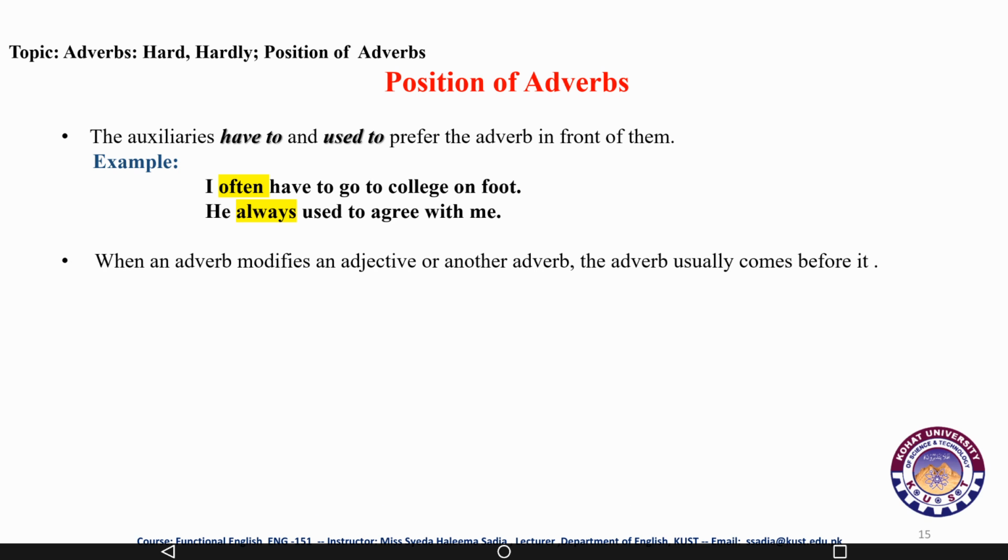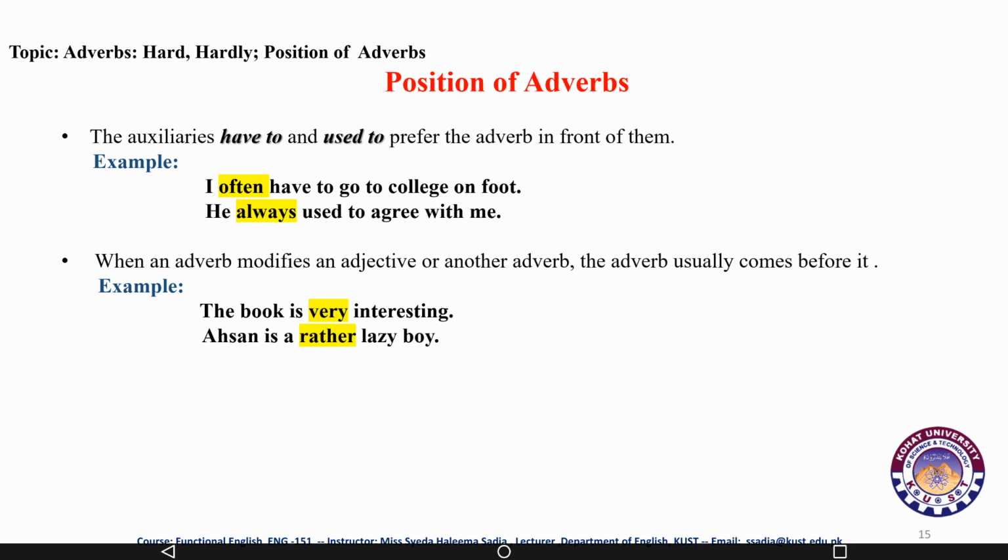When an adverb modifies an adjective or another adverb, the adverb usually comes before it, okay? The book is very interesting. Asen is a rather lazy boy. So in the first, very is modifying interesting.